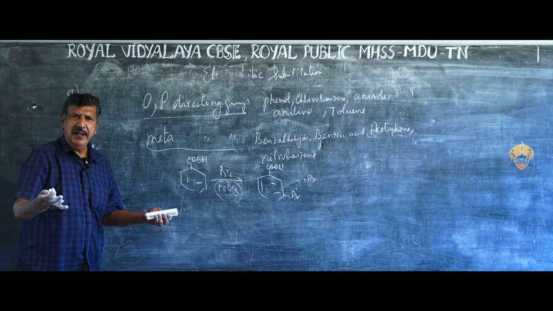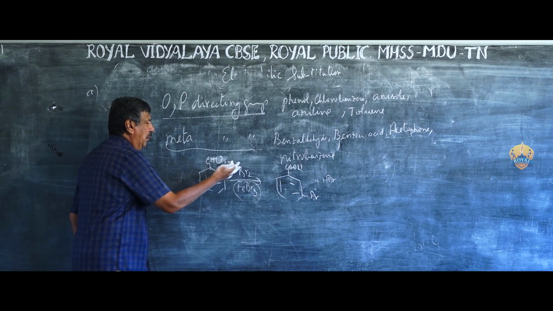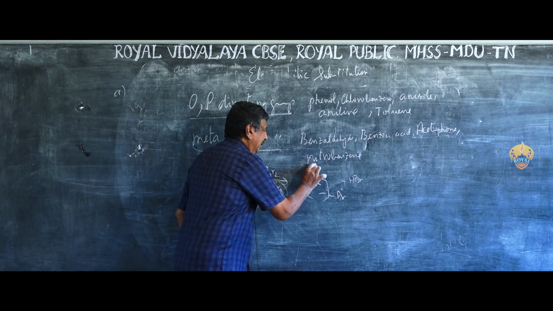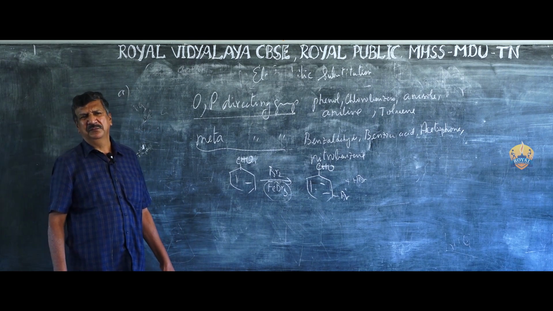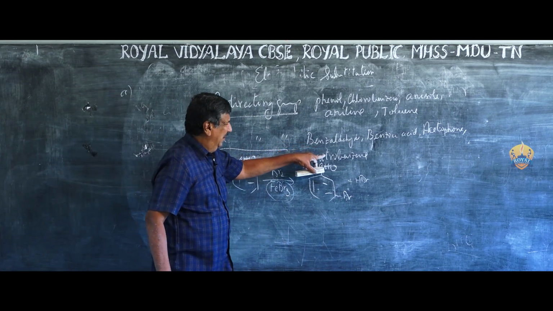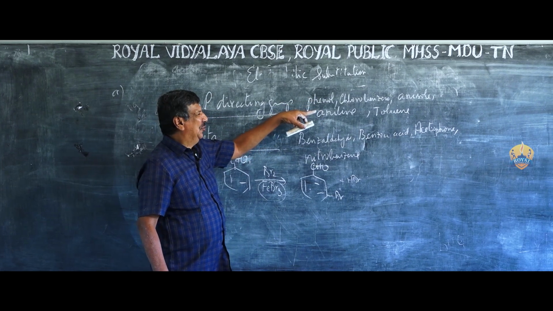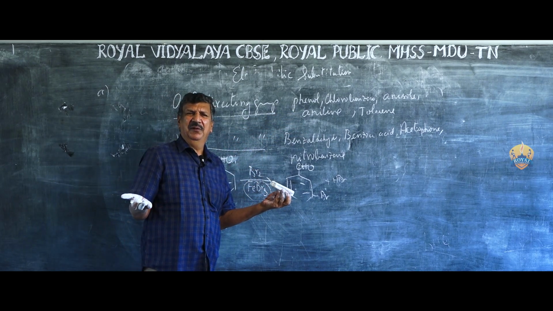Okay. If somebody asks you, what is the reaction of benzaldehyde with bromine? Same answer: meta-bromobenzaldehyde. So you just categorize all of these: which belong to ortho-para, which belong to meta, then it will be very easy.